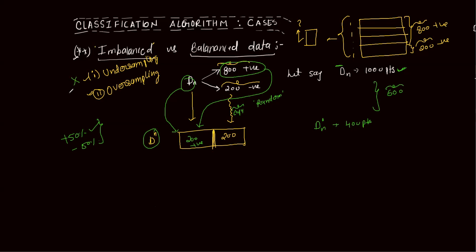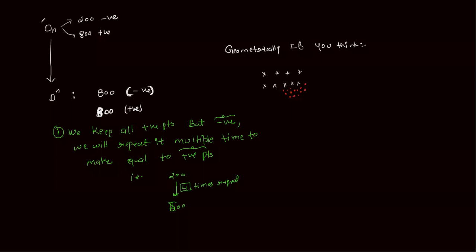So what we can do is go for oversampling, and we'll understand how to perform oversampling on the given data set. Suppose this is your original data set, and you can see it is imbalanced.